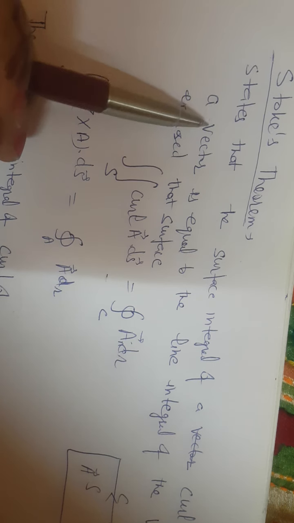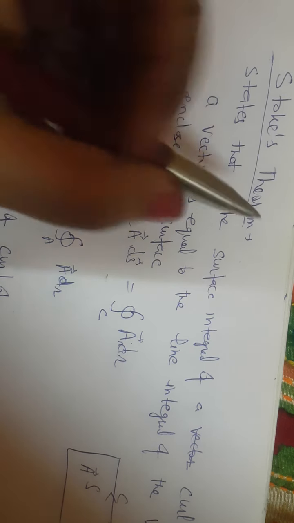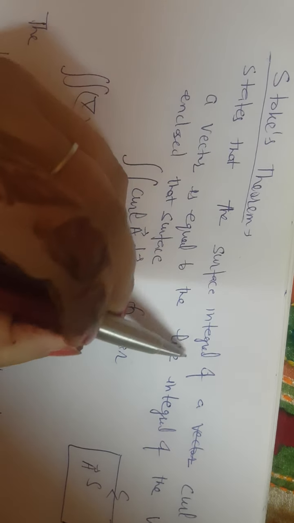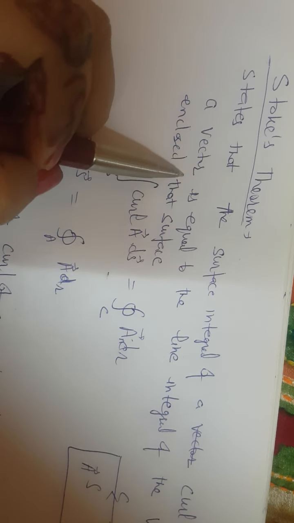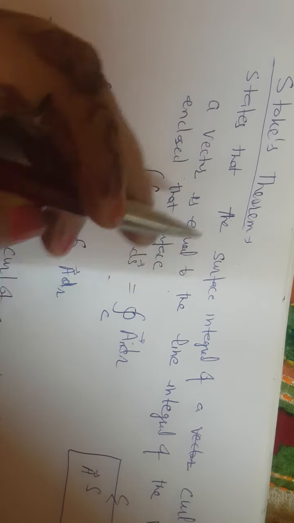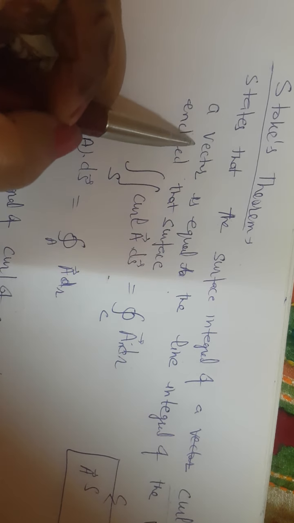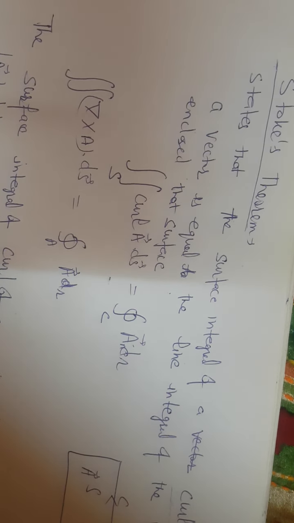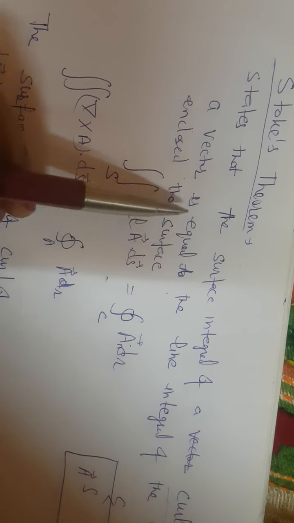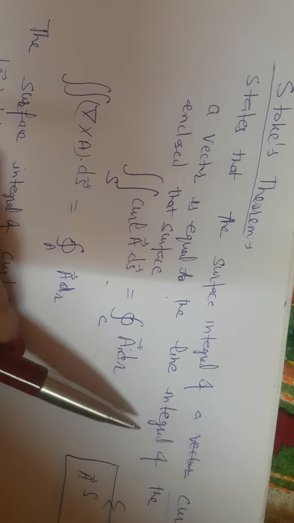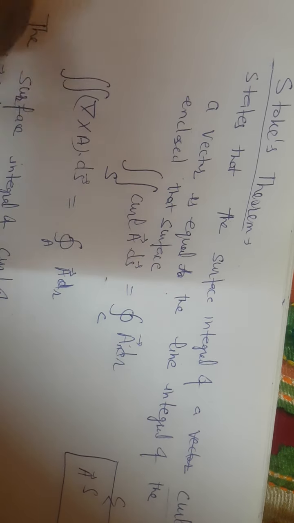What is that? So let's take the statement of this theorem. This theorem states that the surface integral of the curl of a vector field is equal to the line integral of the vector field enclosed by that surface.